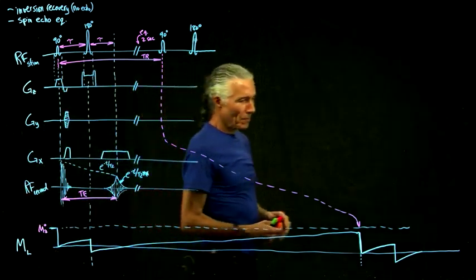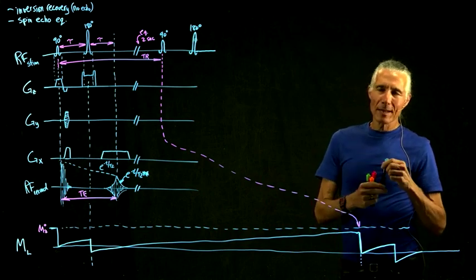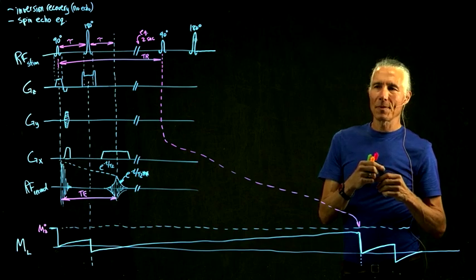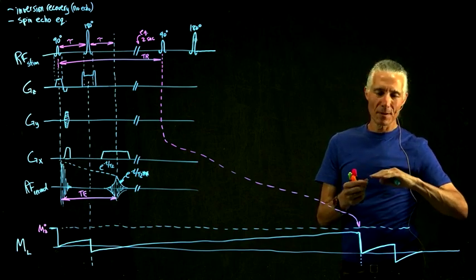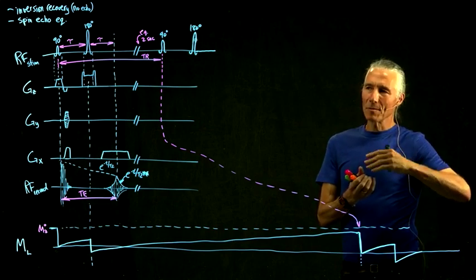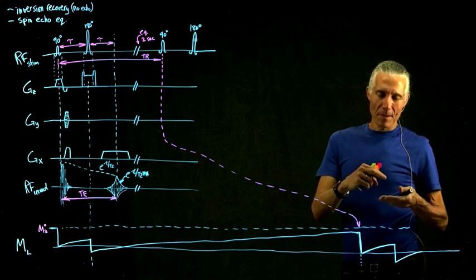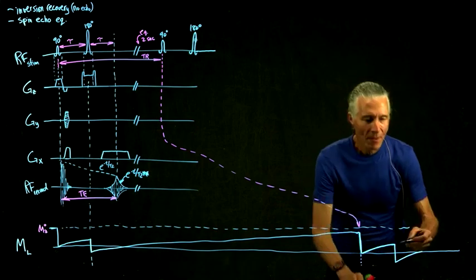So this is a confusing thing, but just think about it. The longitudinal magnetization when we have an echo is 0. So there's no Z component. So if the spins started recovering longitudinally a little bit, when you do the 180 they're now sort of negative, and then at the echo time they come back to 0. So right at the echo.